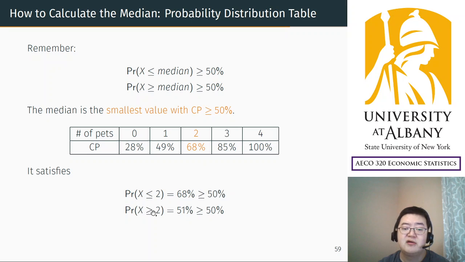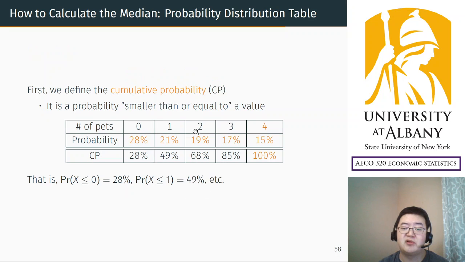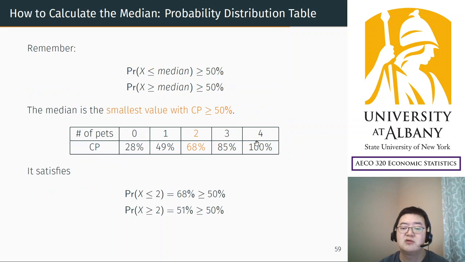If you do the math, the probability of being smaller than or equal to 2 is these three outcomes, which is 68%. And if you calculate the probability of 2 or 3 or 4, you will get 51%. Add these three numbers, and you will get 51%. So both conditions are satisfied. So that's the median. By the way, one important thing here is you may be tempted to choose 1 because its cumulative probability is closer to 50%.